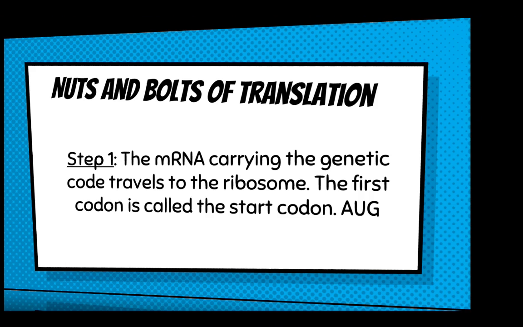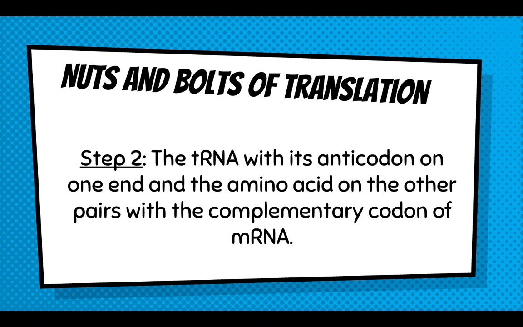So step 2 is that tRNA, transfer RNA, has an anticodon on one end. That means it's opposite of the codon that you have on mRNA. And it has an amino acid, a building block of proteins, on the other end. It pairs with the complementary codon of mRNA. So if we had AUG on mRNA, we would have UAC on tRNA.